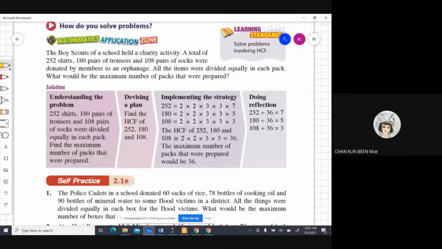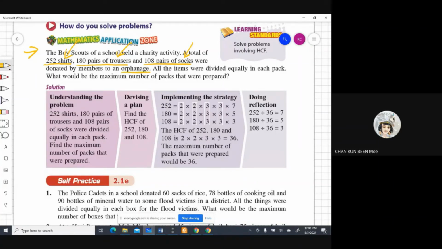The Boy Scouts of a school held a charity activity. A total of 252 shirts, 180 pairs of trousers, and 108 pairs of socks were donated by members to an orphanage.